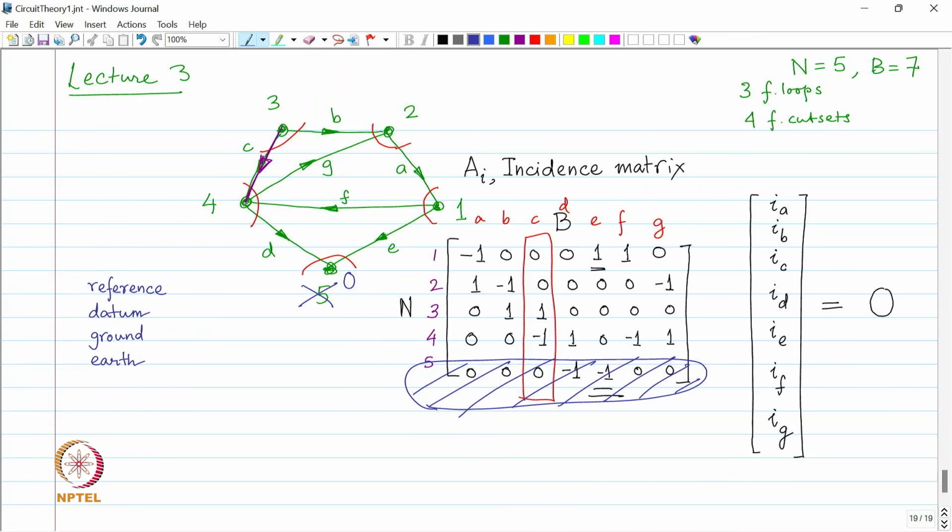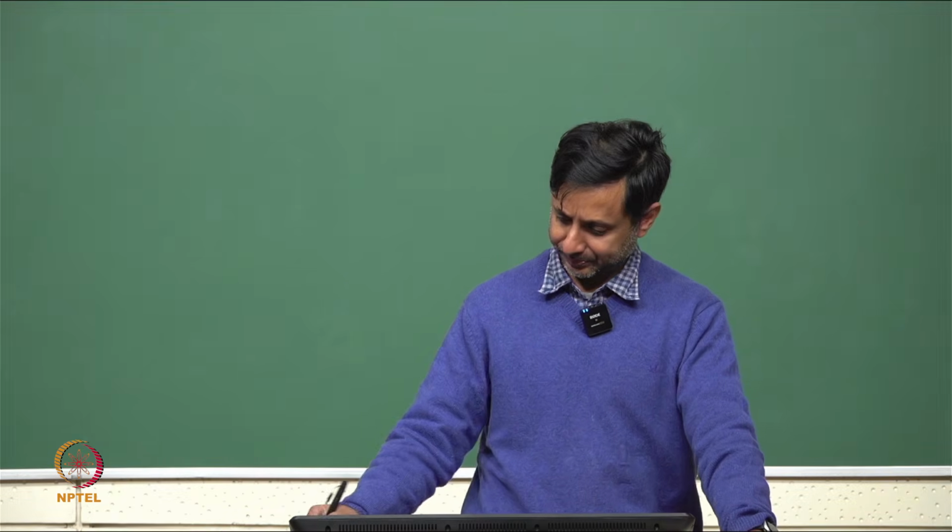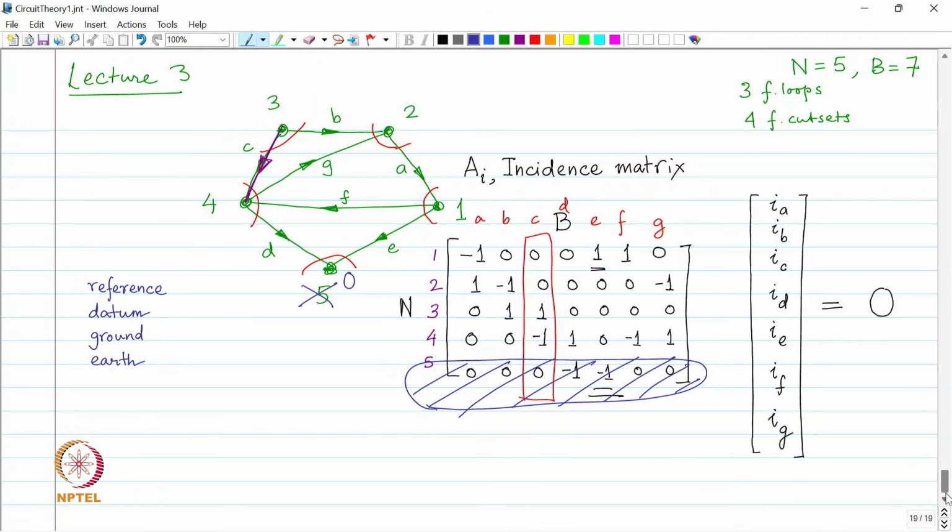Okay. Not just that, I am going to assign it a potential also later on of how much? 0 volts. I will assign it a potential of 0 volts later on, not yet. This is the plan. Fine.